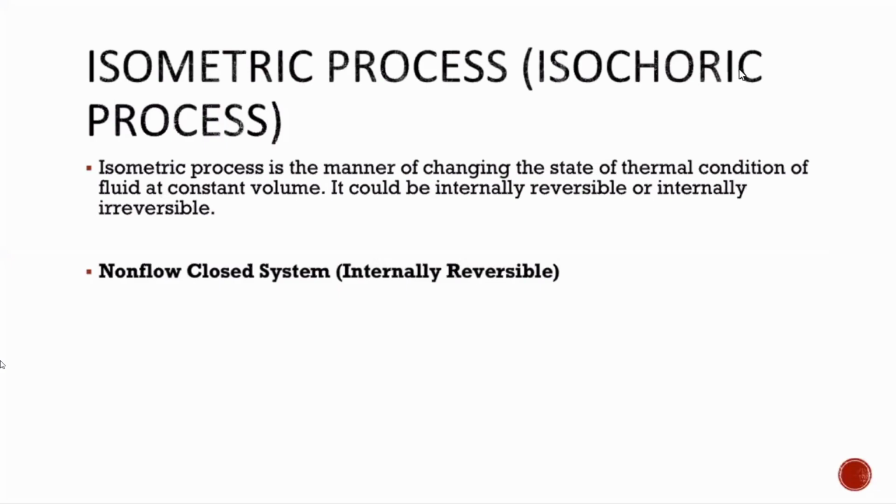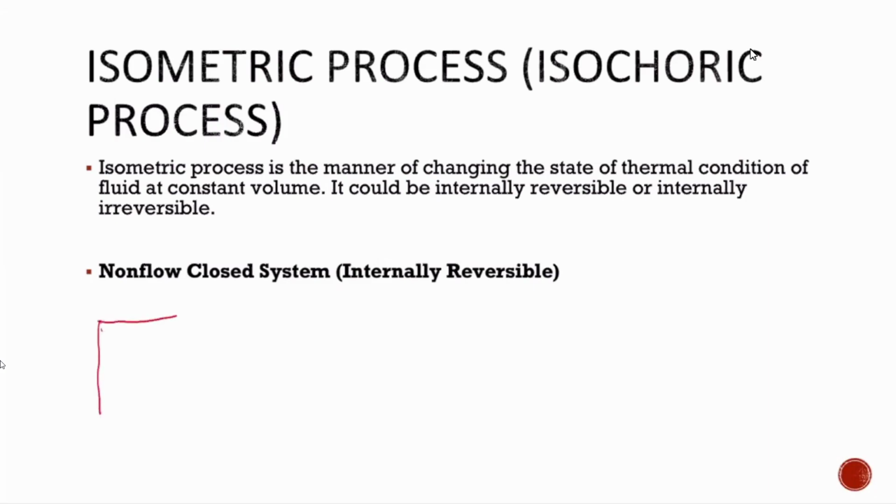Okay. So as an application of isometric process for a non-flow closed system, let us consider drawing the diagram to illustrate an isometric or isochoric process. Let's say we have this system.